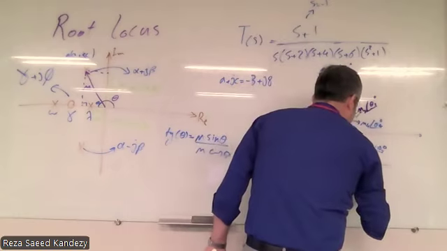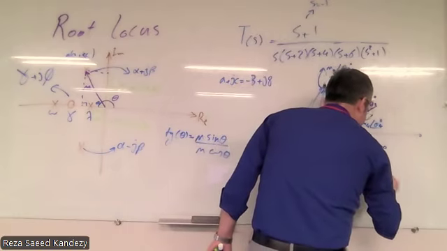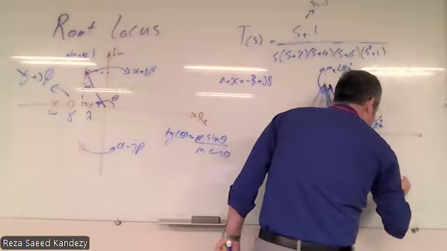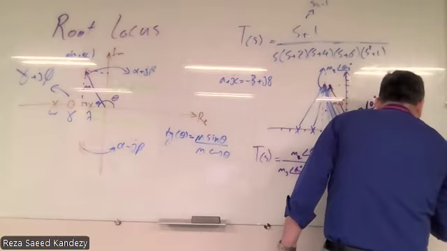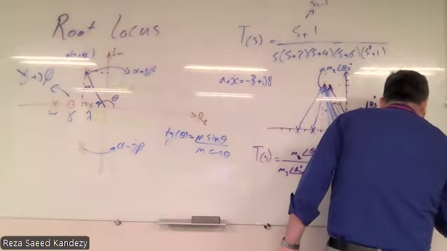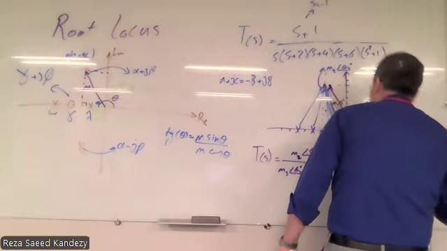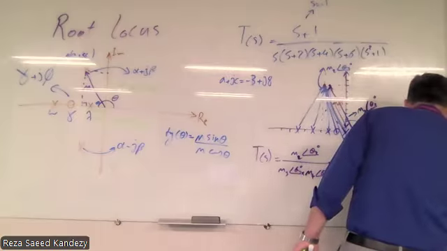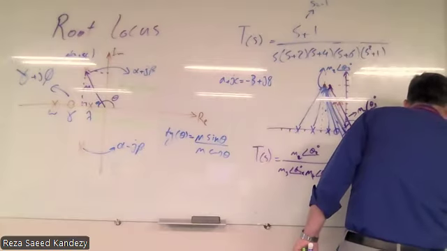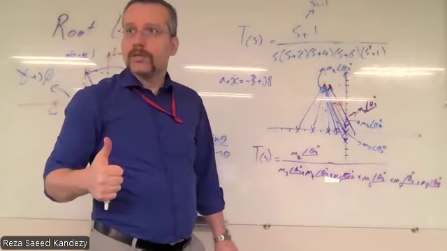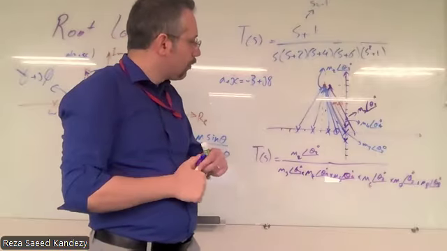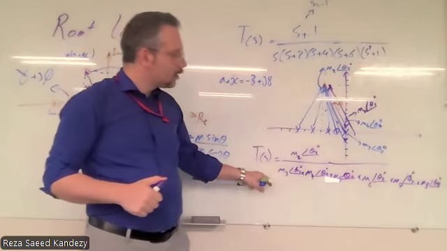Then I have M6 theta 6. This one is M7 theta 7. And the last one, M8 theta 8. Right? Now, do you remember how to calculate the multiplication of phasors?